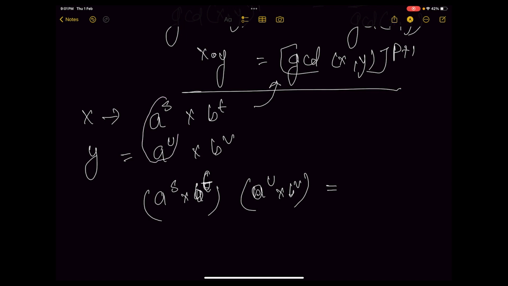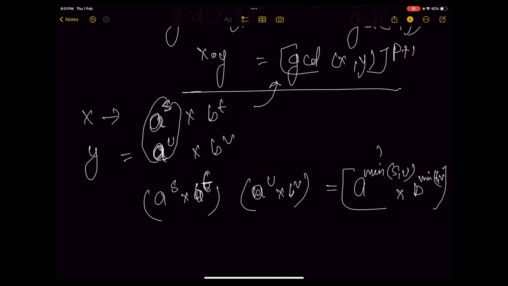GCD would be a to the power of minimum of s comma u. Why this? Because GCD is the greatest common divisor. So the power of a that would divide both would be the minimum of s comma u, into b to the power of minimum of t comma v, all to the power of p plus 1.